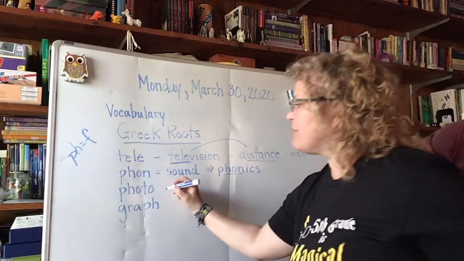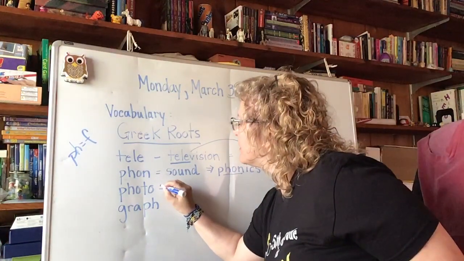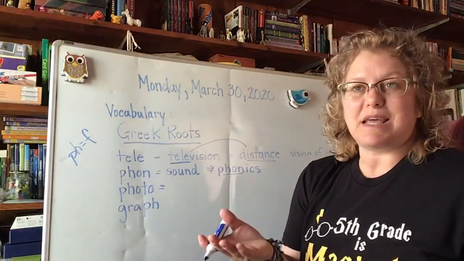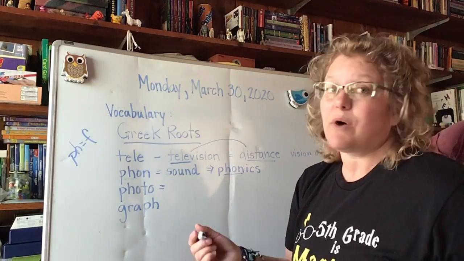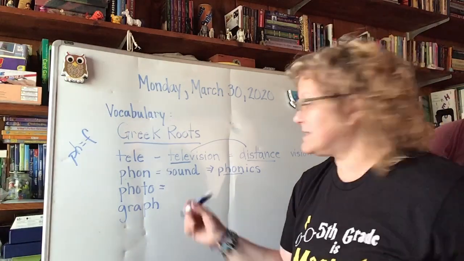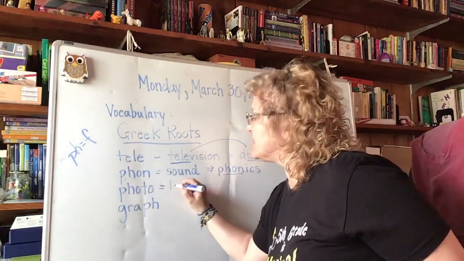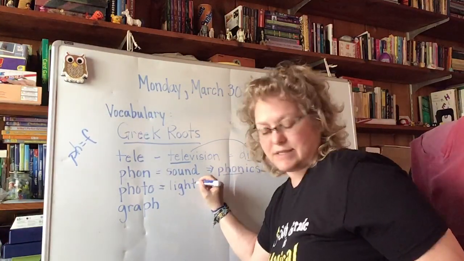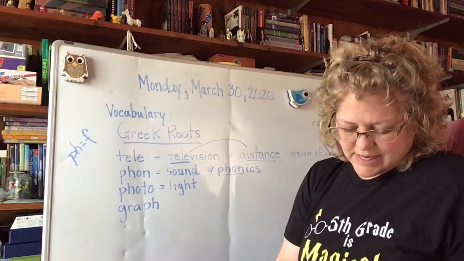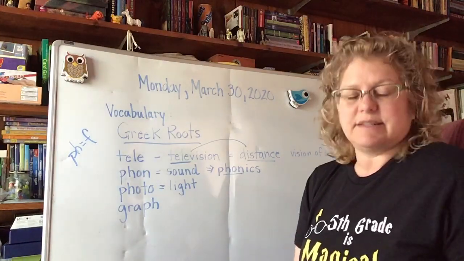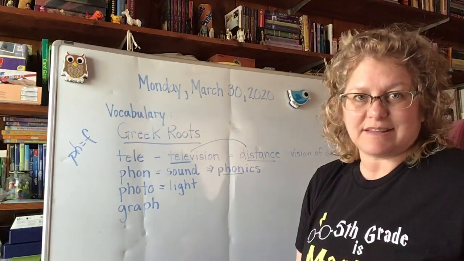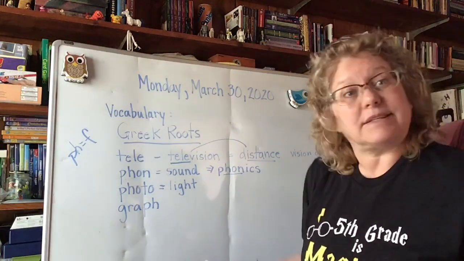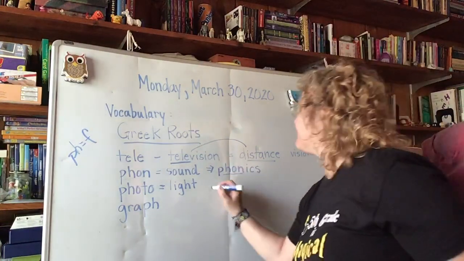All right, the word photo. I always think of it with the word graph, photograph, so meaning a picture. But photo actually means light. And the word that they use on this is photosynthesis. Shall I write that word out? It's pretty long. Okay, it's going to be one of your spelling words anyway. I'll write it.